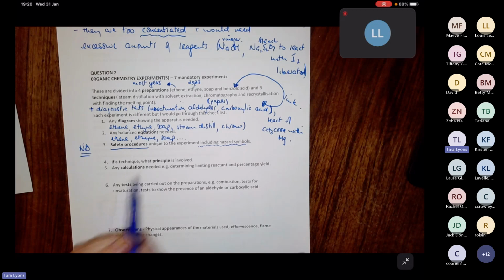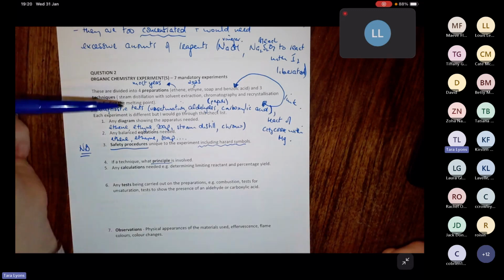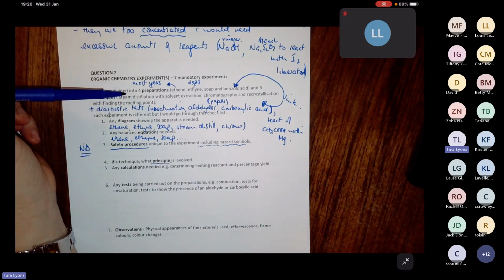If it's a technique, you need to know the principle involved. So the principle, for example, of steam distillation is that when you have two immiscible liquids together, they have a lower boiling point than either of them on their own. Now, if that is ringing bells, great.